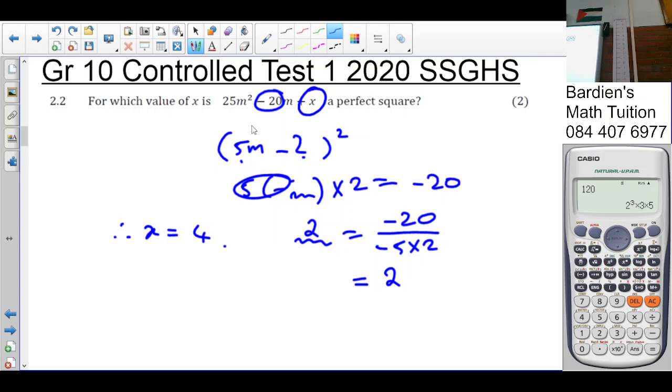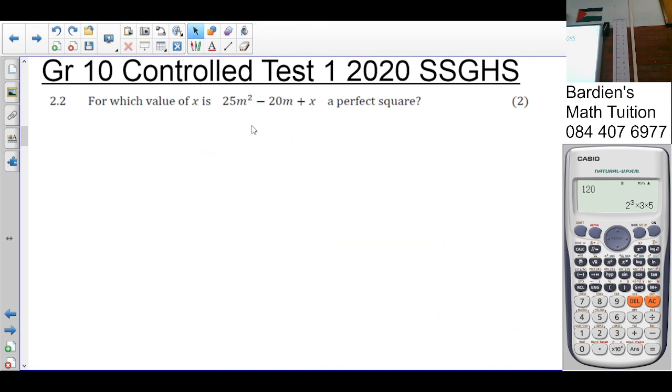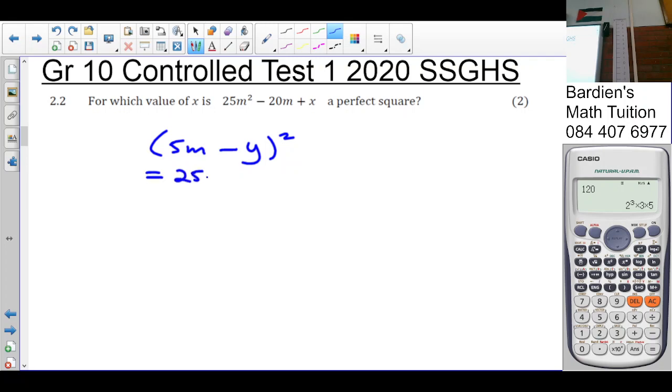Okay, that's one way of looking at it. Or we could have said, we know that this is going to be 5m minus some number, squared. So 5m squared is 25m squared. That times 2 is going to be minus 5m times y times 2, which is 10my, plus y squared.